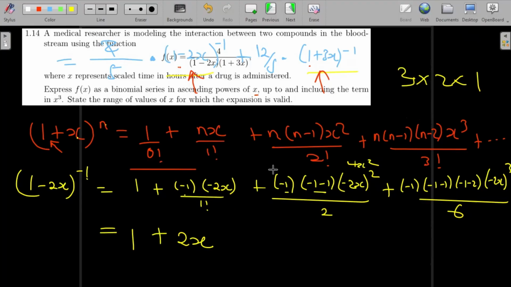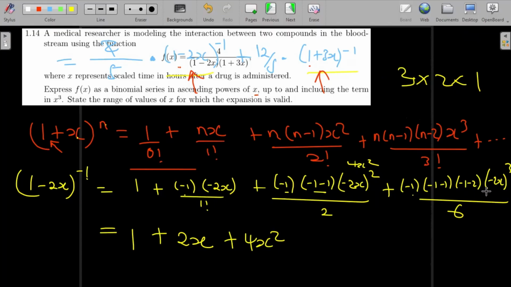The plus 2 that I have from here multiplied by 4x squared will give me 8x squared, and then divided by 2 to give me plus 4x squared. And then here it is minus 1 multiplied by minus 2, plus 2, plus 2 multiplied by minus 3, minus 6. The minus 6 can disappear with this 6 in the denominator.